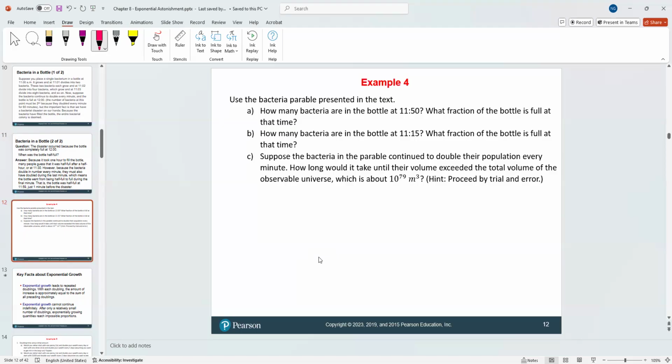If we go with that example, because I'd like you to try one on your own anyway, because I put three of them, or two, four of them, I don't know how many. But if we do the first example here, at 11:50, there were 2 power 50.